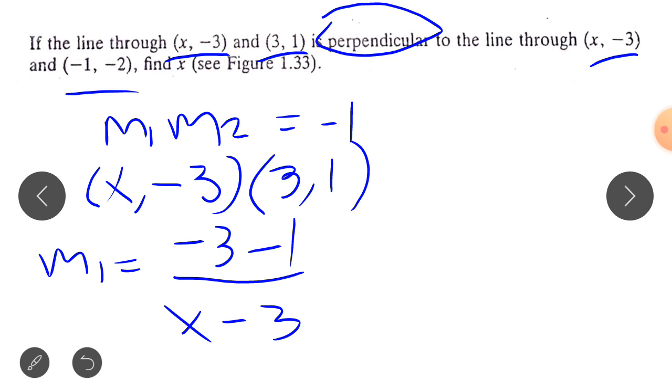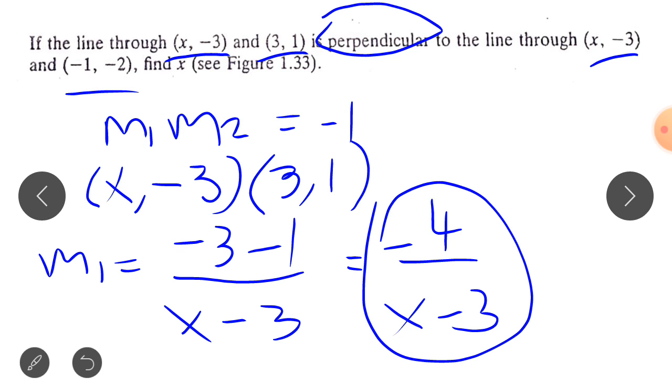You can do it either way, y sub 2 minus y sub 1, and we're going to come up with the same answer. So this is negative 3 minus 1, which will be negative 4 over x minus 3.